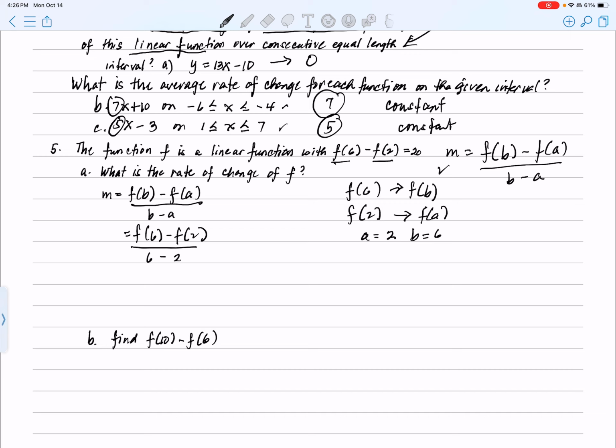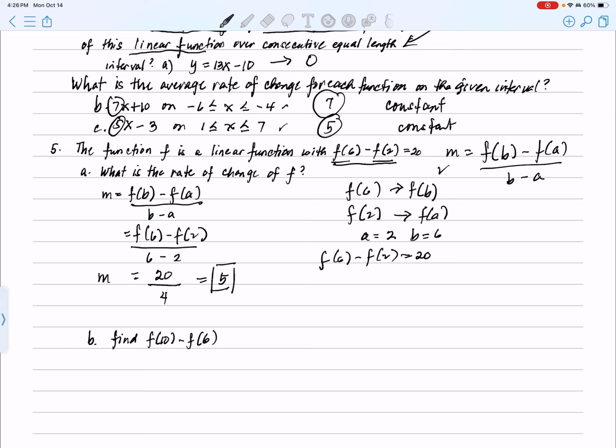But it is given here, what is f of 6 minus f of 2? It's given in the problem that it is equal to 20. 6 minus 2 is 4. So our rate of change is equal to 5. That's it, by using that formula. So our rate of change is 5.